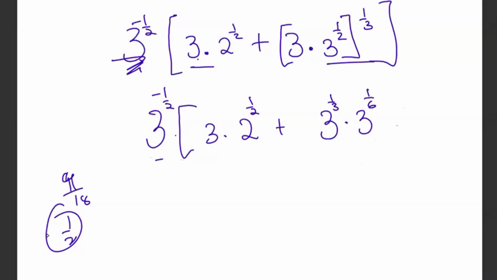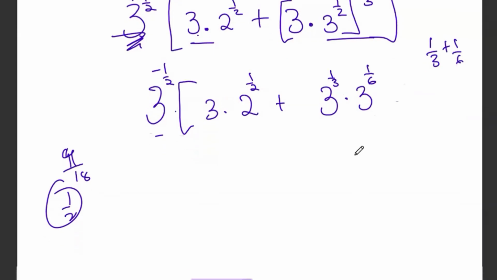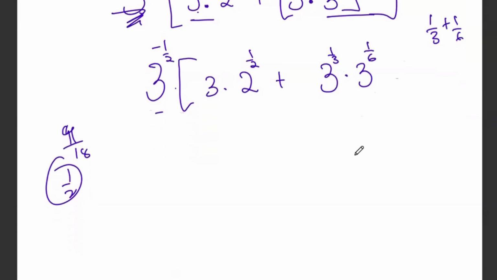When we simplify this, what is a third plus a 6th? We know that's going to give us a half. Is that true? Yes. So negative a half into 3 multiplied by 2 to the half.